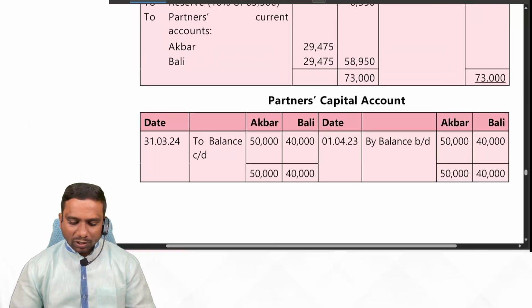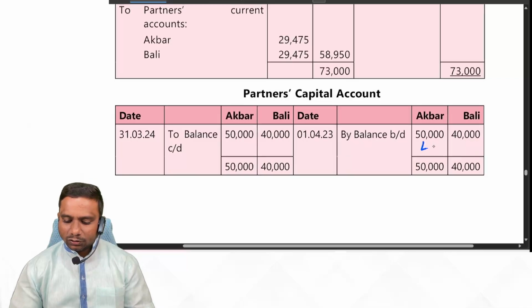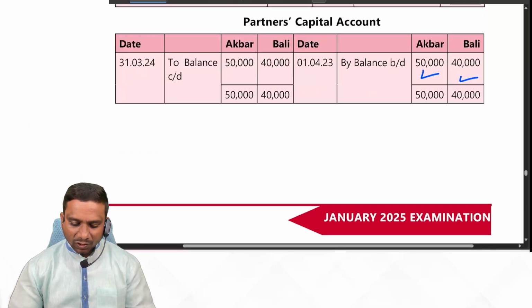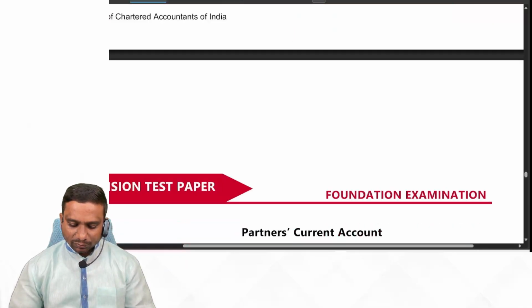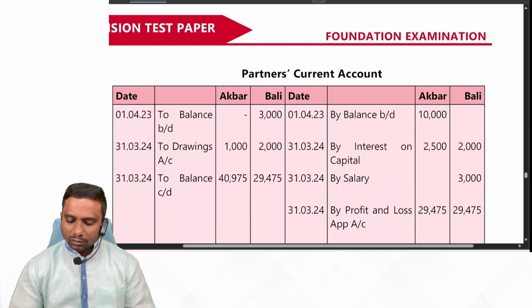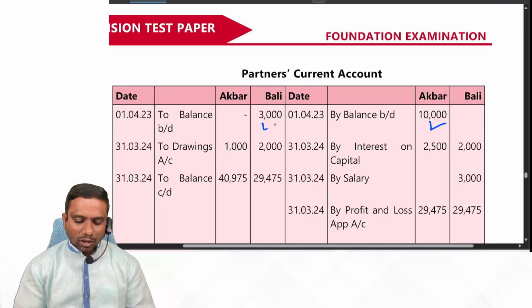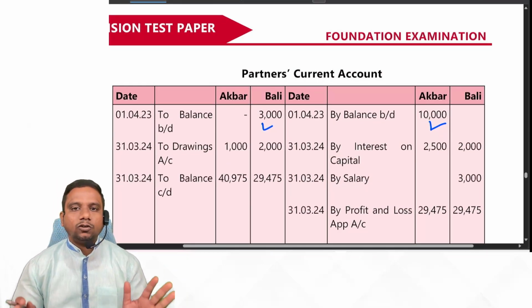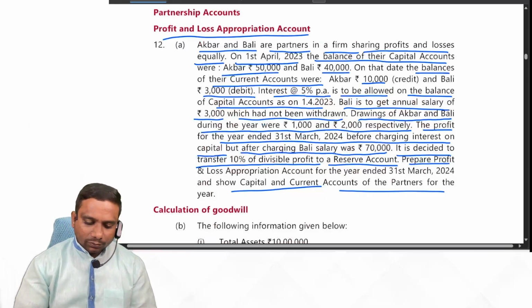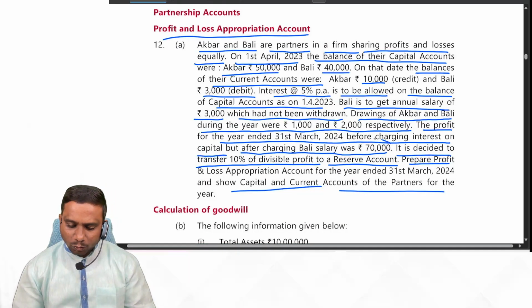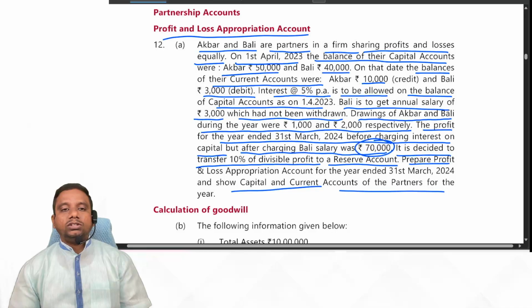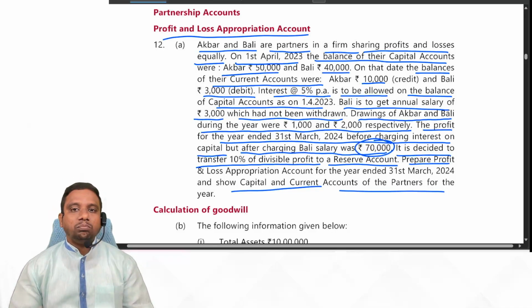To get the partners' capital accounts, opening balances are 50,000 and 40,000, and current account balances are 10,000 Akbar and Bali 3,000 debit. Yes or no, students?